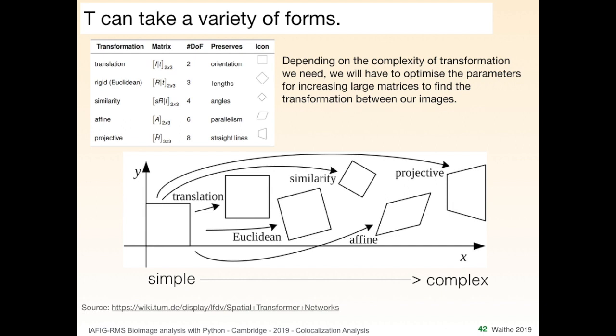Some of these transformations are easier to measure than others. So in the case of a translation, we can just move our image around the pixel grid and see how it lines up. With the Euclidean, then we just rotate. With things like affine, then we have to do different distortions, which if you're searching a space of transformations, can be quite complicated to do.